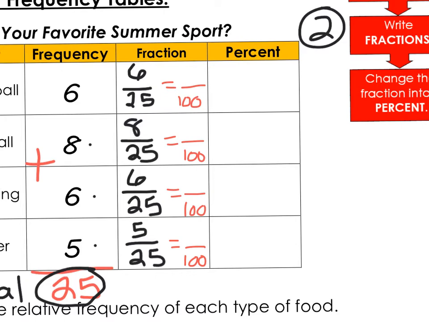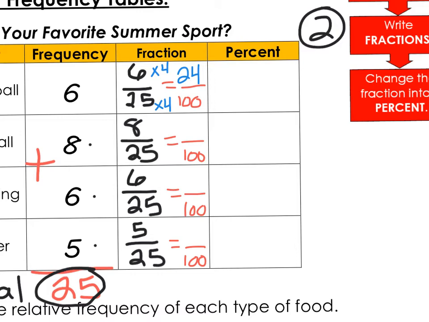Okay, so scale factor is going to work really nice in this one because how do we get from 25 to 100? We simply multiply by 4. So whatever we do to the bottom, we're going to do to the top. So 6 times 4 is 24.